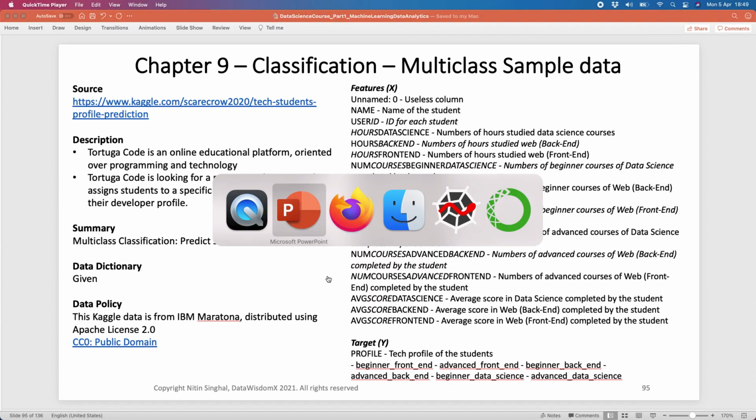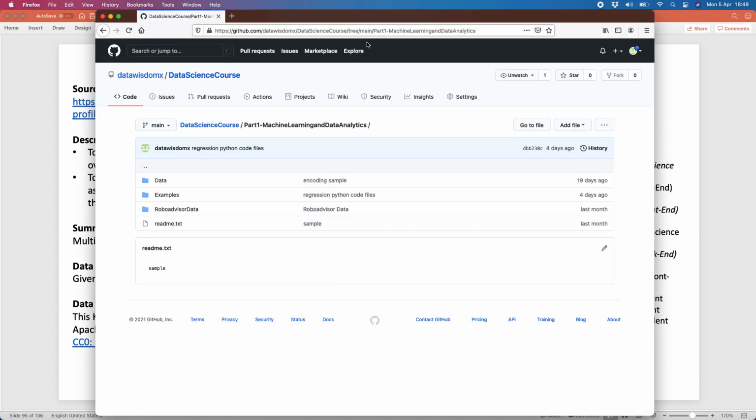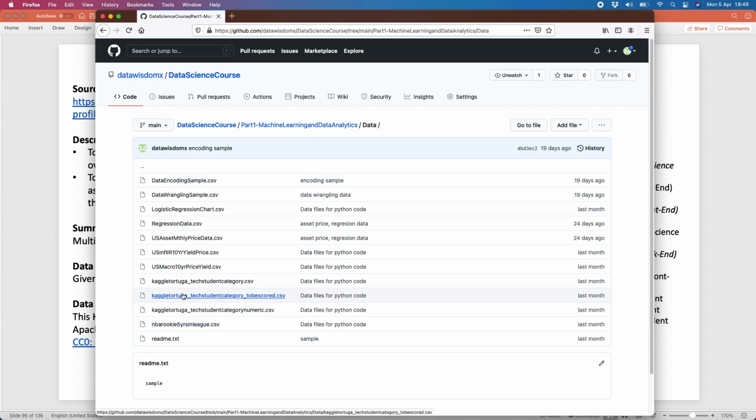So let's go back to the GitHub location again. It's the same place, data science course, machine learning data analytics. Within that, under the data folder, you'll find the Kaggle dataset and the data.world NBA rookie dataset. There is some extra data available for the Kaggle data, like for example, the to be scored.